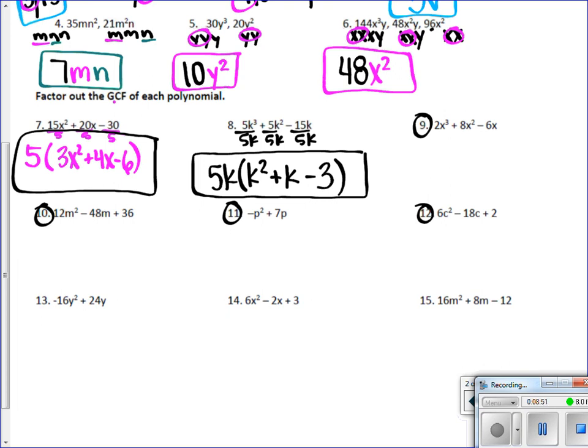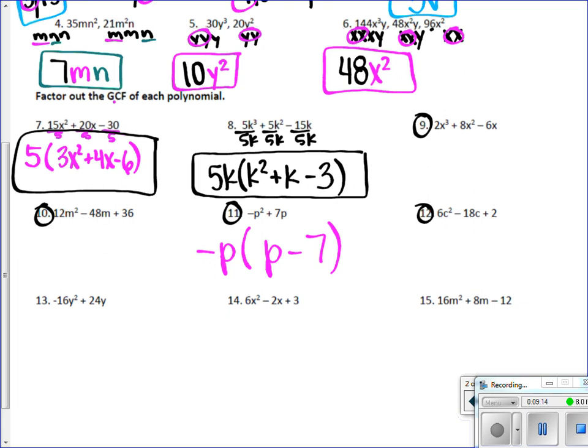There's a reason I skipped number 11. On number 11, you have those general things set up. On this one, I would have taken out the negative as well. And there's a reason.